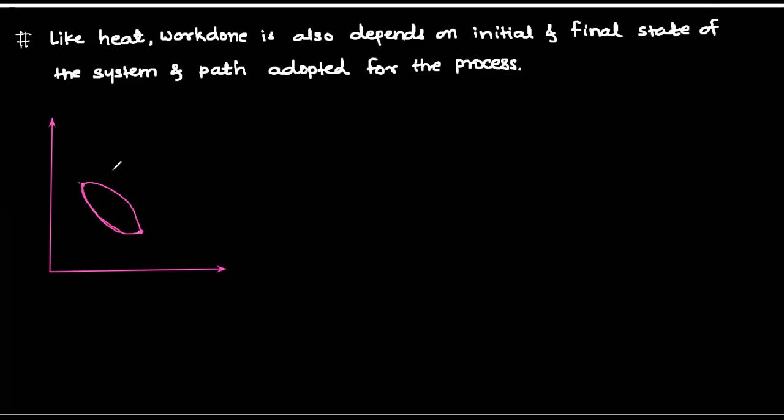You draw perfect curved lines. This point is A, this point is B, and the system is moving like this. This is a pressure versus volume graph again. Now this is the first process and this is the second one. You can say path followed. So path adopted and how it depends, that is what this example is. So I am splitting this into two parts, and how I am finding area and work done, and what the relation is, let's see.